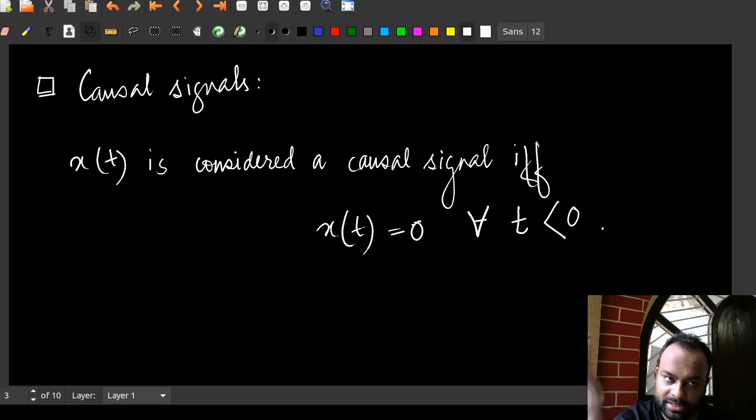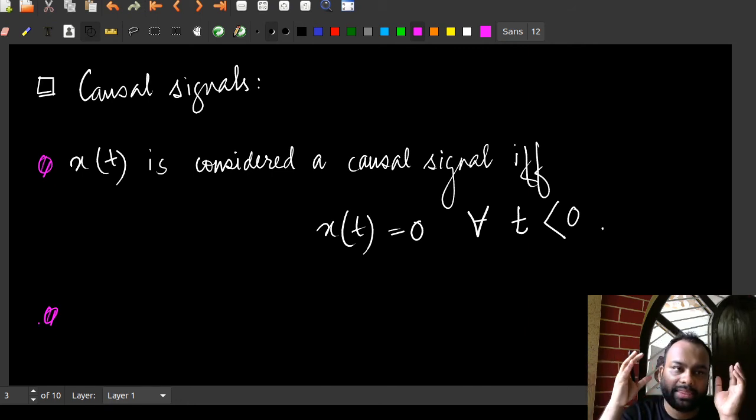If that is so for a signal, then the signal is considered causal. I think you got the idea of a causal signal, right? As long as t is less than 0, the value of the signal is going to be 0.